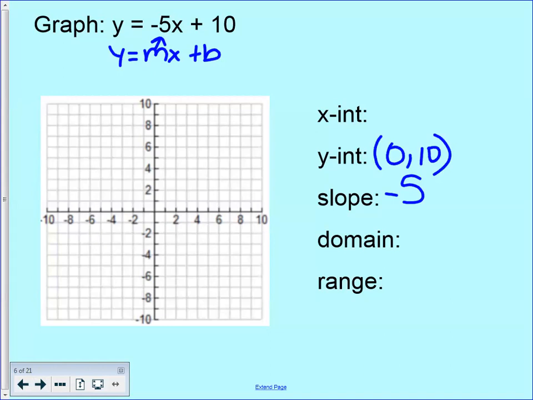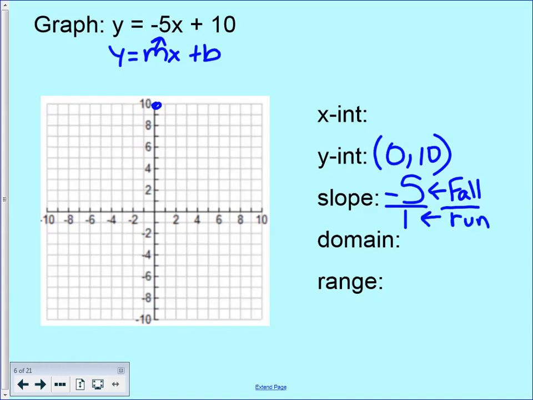So I'm going to go ahead and graph the two things I know, 0, 10, and then my slope is -5. Since my slope is -5, that means -5/1 would be the fraction. So my rise, or in this case, my fall is -1. My run is +1.